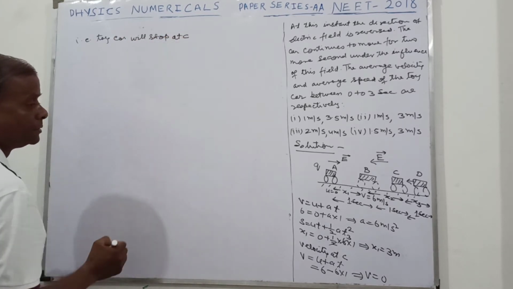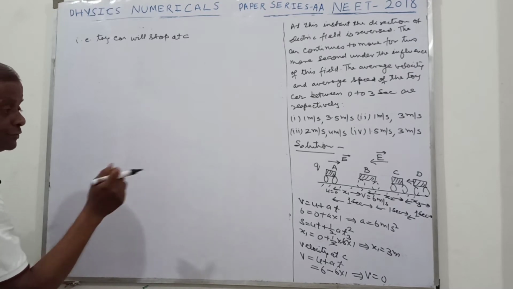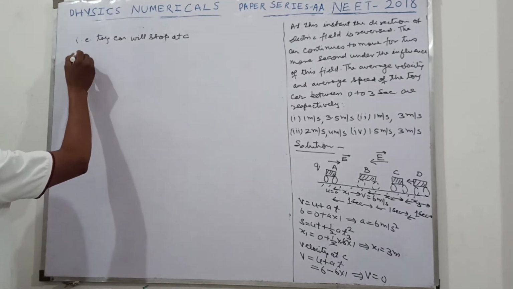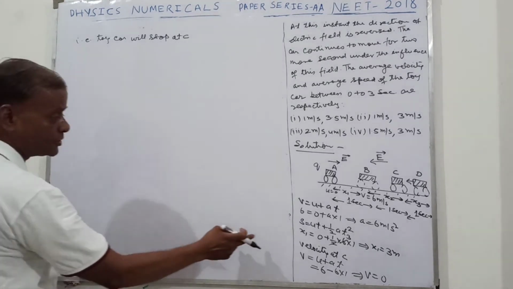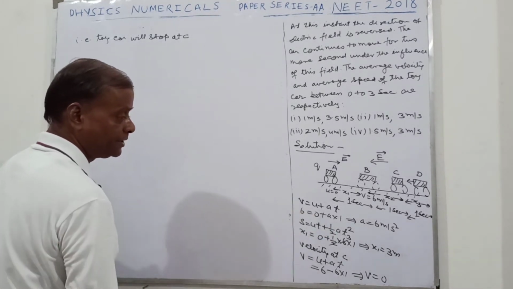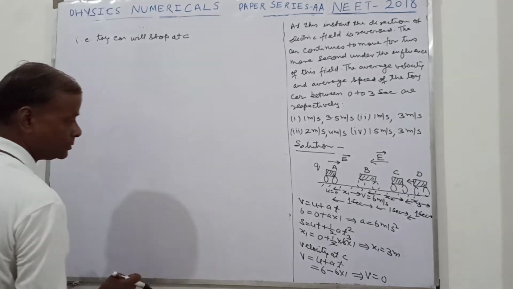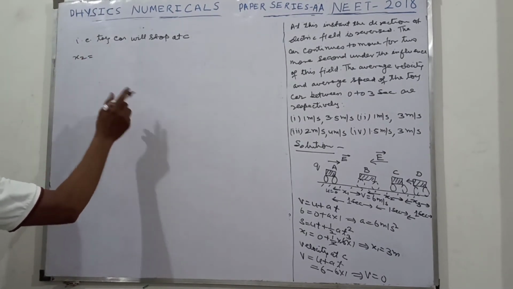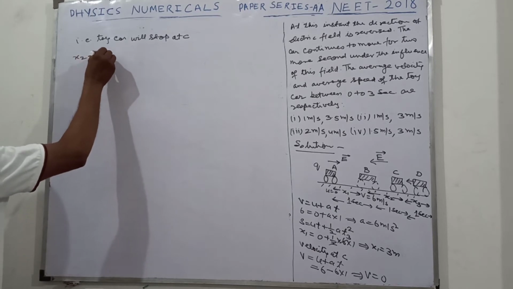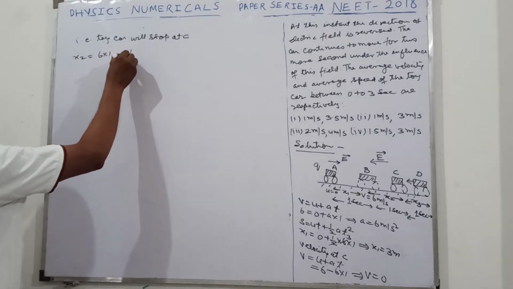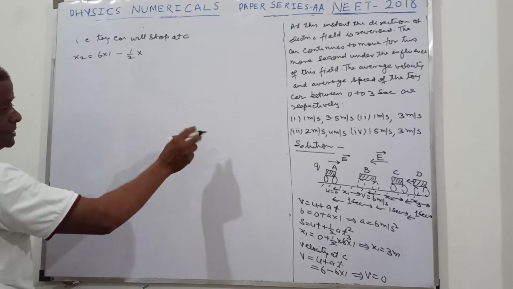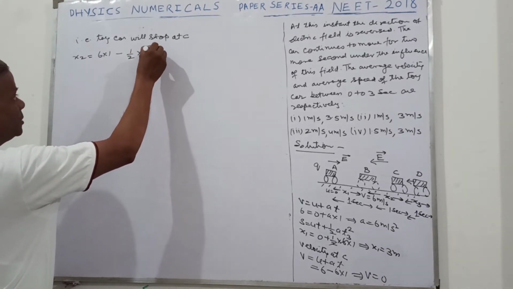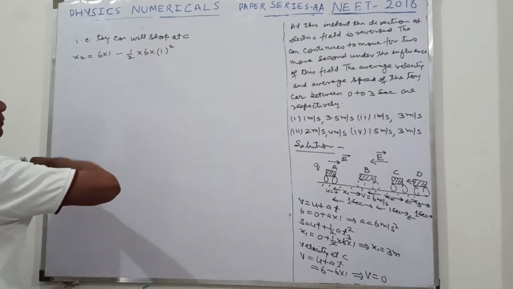So what will be the distance? X2 is how much? Again we apply the formula s equals ut plus half at square. X2 equals, u is given to be 6, t is equal to 1, minus half, a is 6 and t is 1 squared.